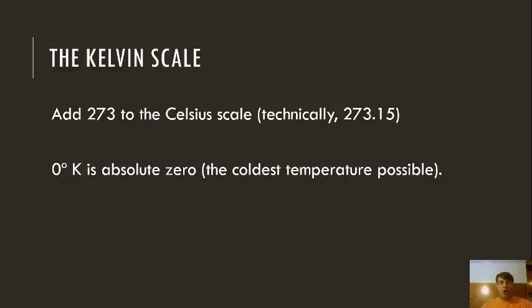That is where all atomic and molecular motion stops. You can't really reach it in reality, but scientists have come to that conclusion by extrapolating back from what we do know about the motion of atoms and so forth. So the Kelvin scale is an absolute scale, starting from absolute 0 motion, to infinity and beyond.